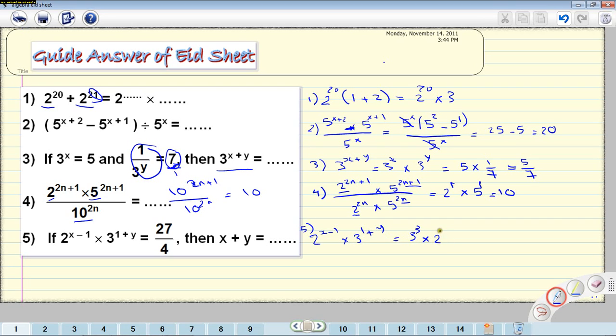I'm going to put it up, so it will be 2 to the power negative 2. So we have 2 here, 2 there, so the powers are equal, which means that x minus 1 equals negative 2. So x equals negative 1, because negative 2 plus 1 is negative 1. And here 1 plus y equals 3. I'm going to move 1 to the other side, so y equals 3 minus 1, which is 2. So negative 1 plus 2, the answer is 1.